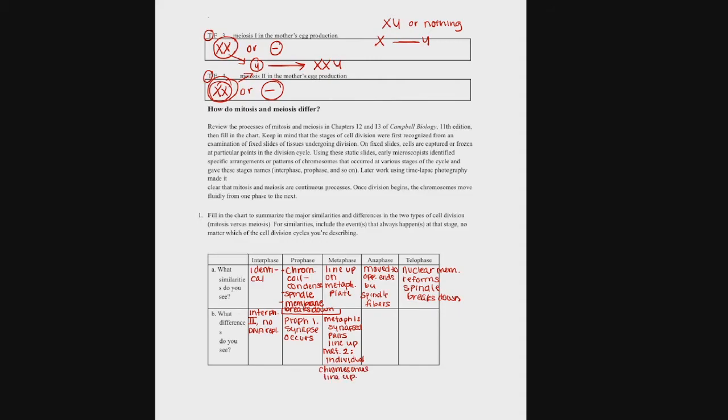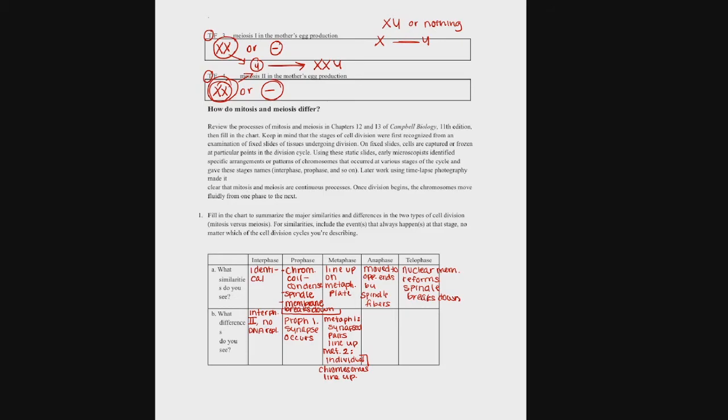Awesome. Anaphase is definitely the one with the most differences, I would say. So in anaphase 1, members of each homologous pair separate.